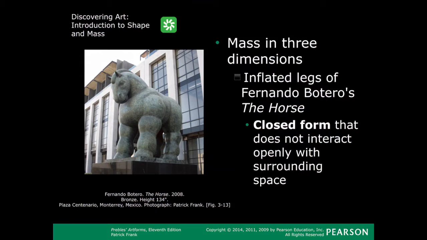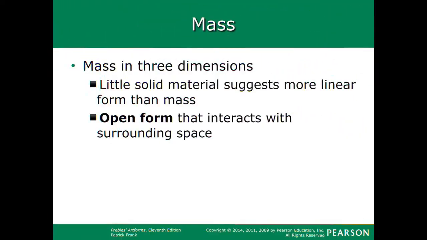And so this is a type of closed form sculpture where it does not interact openly with the surrounding space. In other words, the object is basically the object itself. There are different types of sculptures where they interact a little bit more with the surrounding environment, but in this case, it doesn't exactly do that. So when sculptures are that way, we call them closed form. They're not exactly interacting outside of their environment.